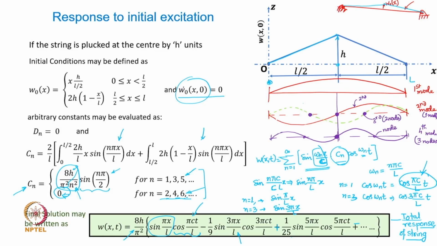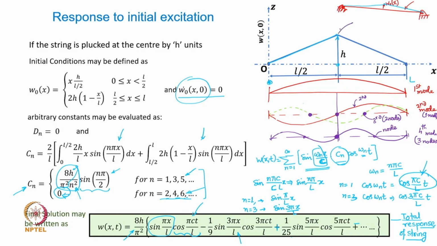So at all times, the central position of the string should be 0 displacement, okay, in the second, fourth, and you can show that the same will be in the sixth mode. So which actually means that all the even modes, okay, need the response to be 0 at L by 2.